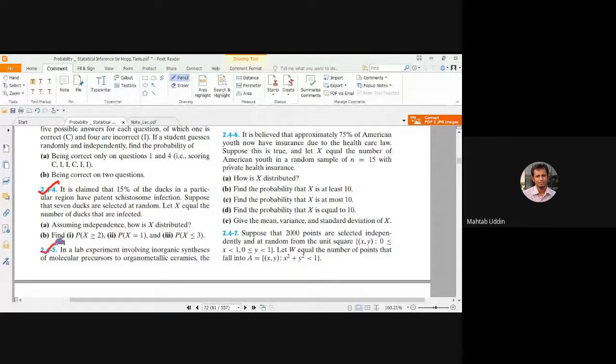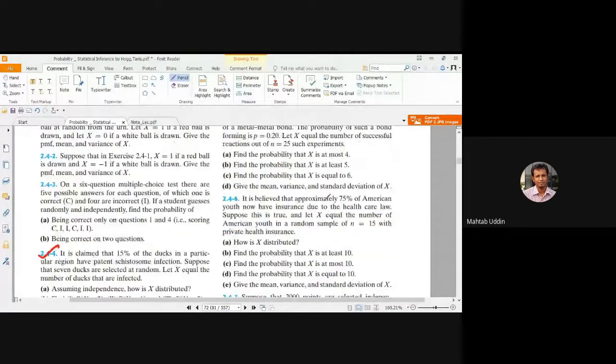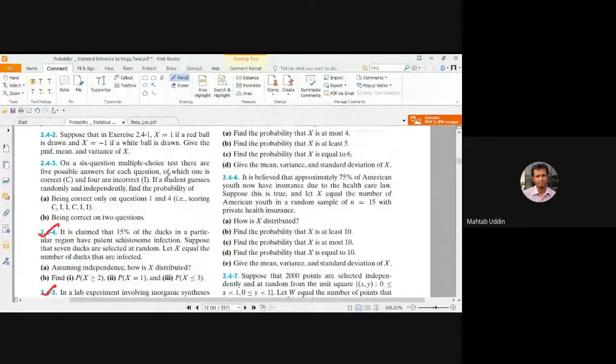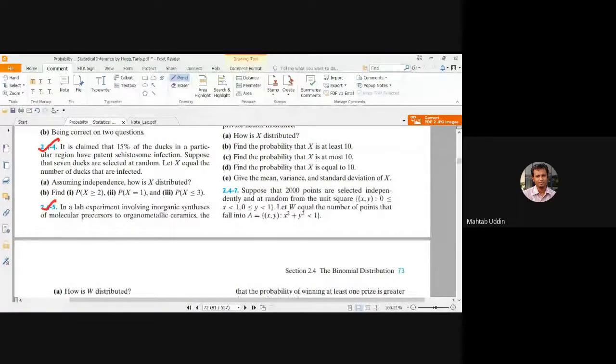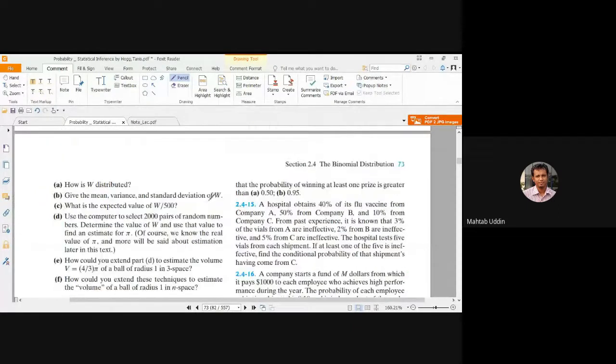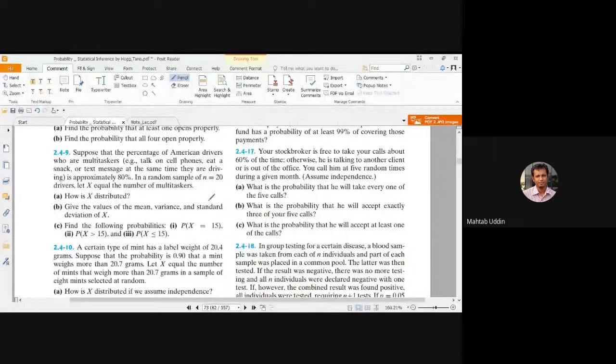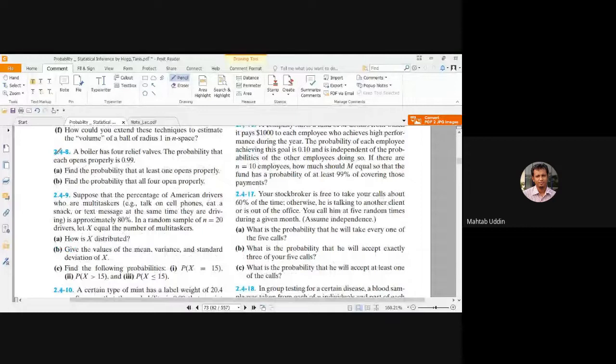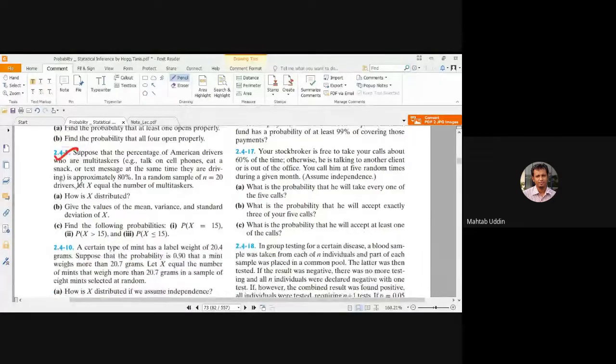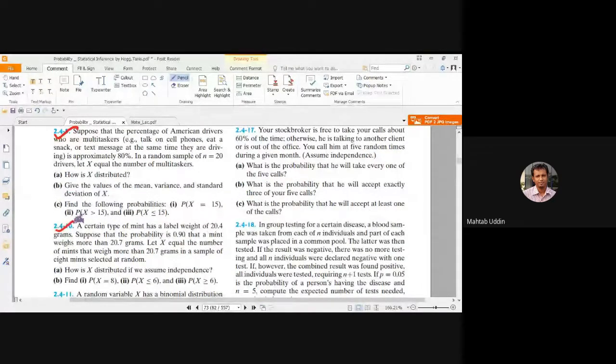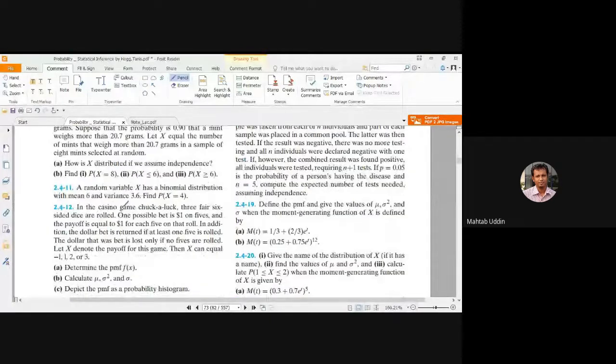Actually, these maths are very similar, so I'll do some, and some of them will be homework. 4, 5, 6, then 8, 9, 10. These maths are easy. You have to just understand what the question says. 11 or 13.